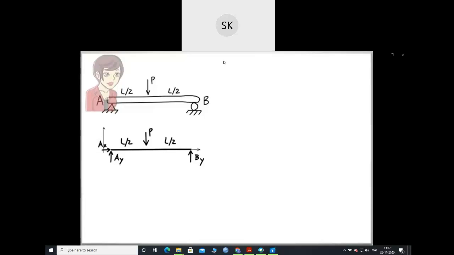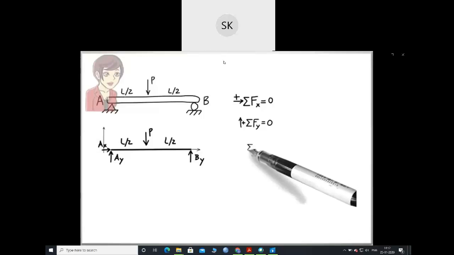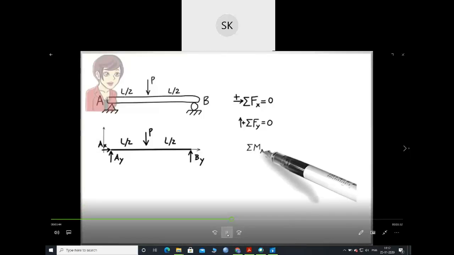To determine the support reactions, that is, to analyze the beam, we use three equations. One, the sum of the forces in the x direction must be 0. Two, the sum of the forces in the y direction must be 0. Three, the sum of the moments about the z-axis must be 0.